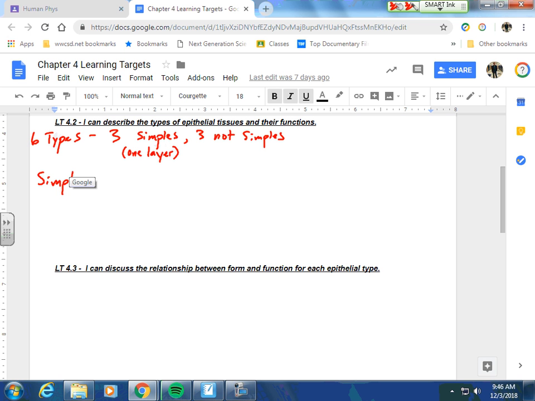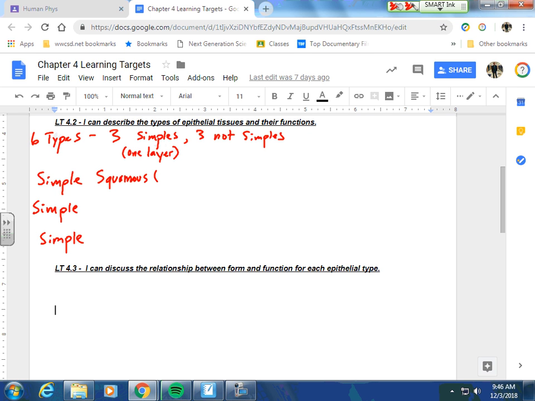For the 3 simples, we're going to put down the shapes. What are the shapes that we can have? We can have squamous. What does that mean? Flattened, right.